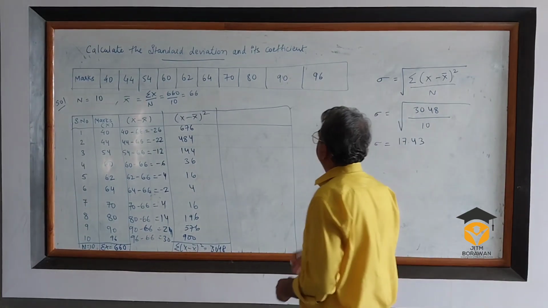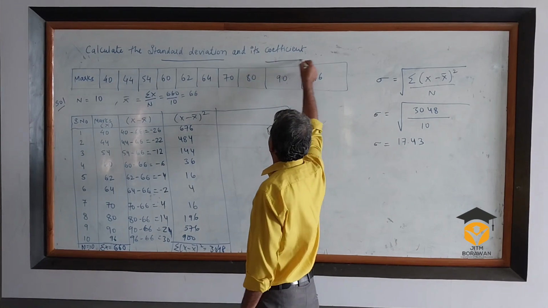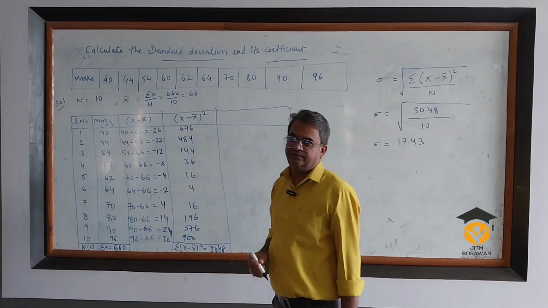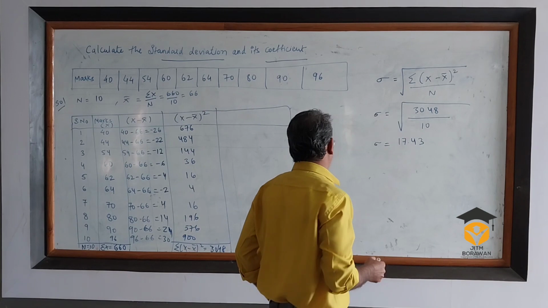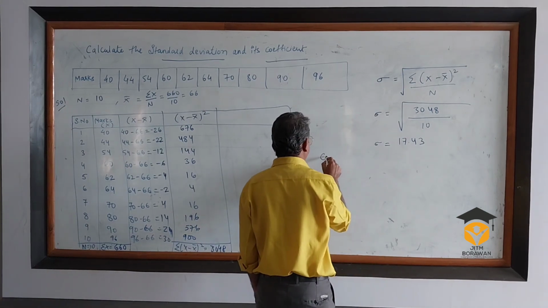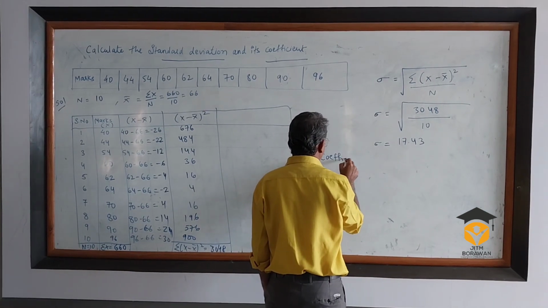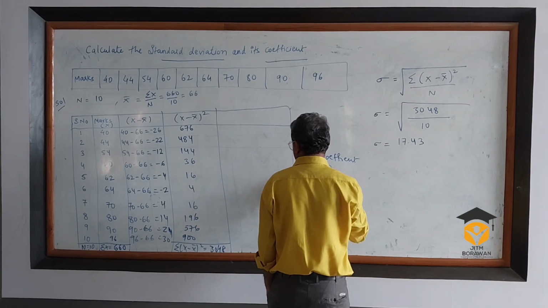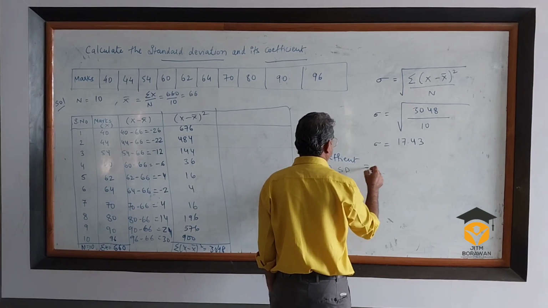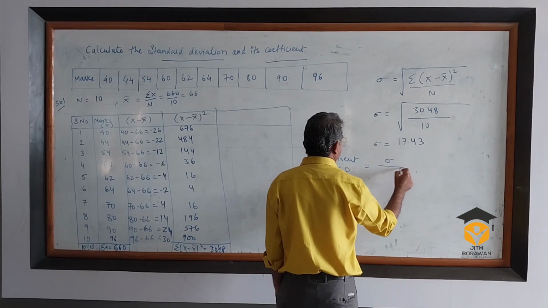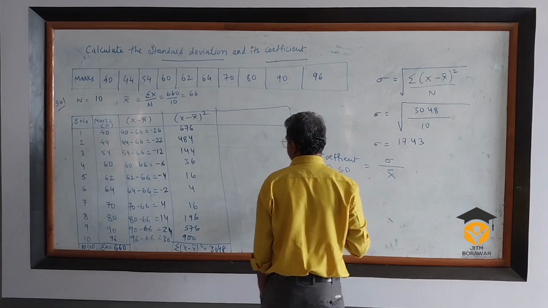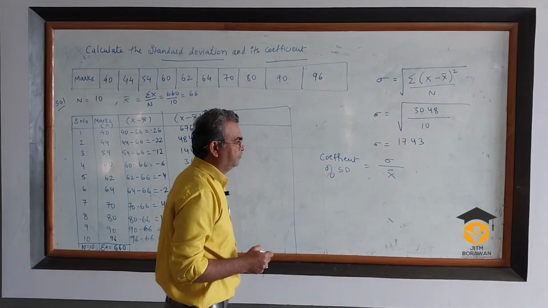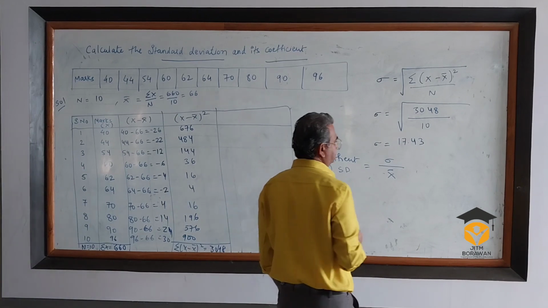In this problem, we have also been asked to find out the coefficient of the standard deviation. So what is the formula for the coefficient of standard deviation? Coefficient of standard deviation is sigma divided by arithmetic mean. So what is the sigma?